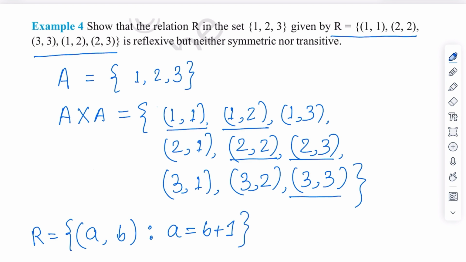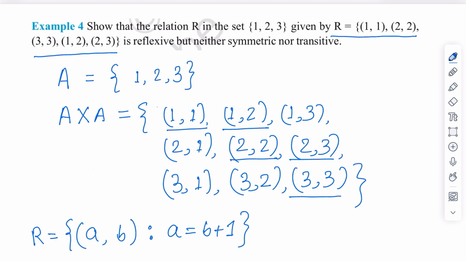This is an example only. So the thing is, in the elements of A cross A, the form (a, b) is available, and there might be a relationship between that a and b.